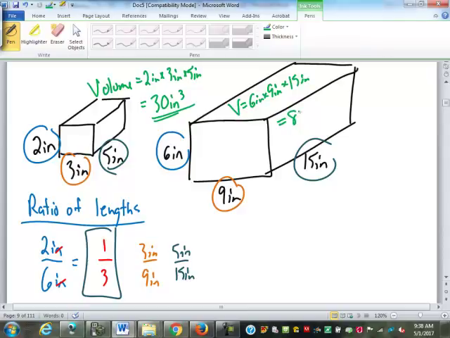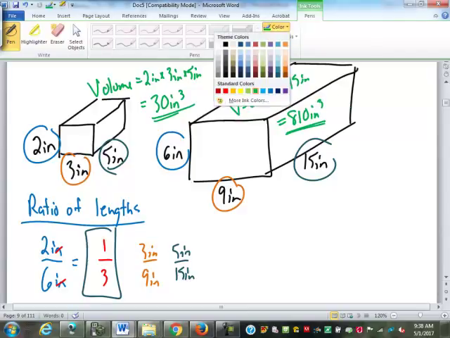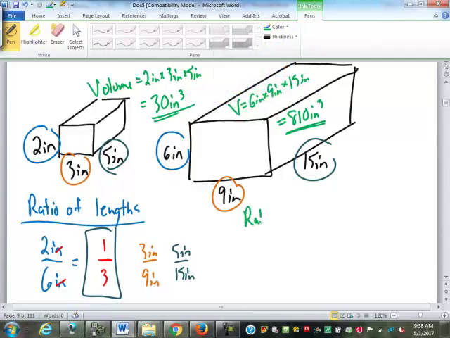Otherwise known as 810 cubic inches. My ratio of volumes is 30 cubic inches over 810 cubic inches.